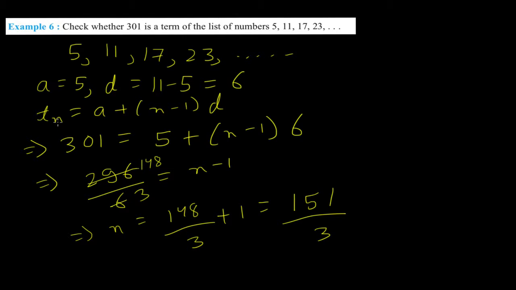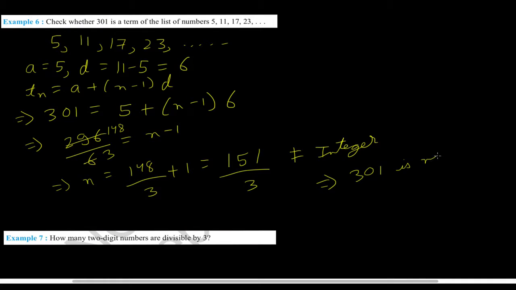Since n is not an integer, this implies that 301 is not a term in the given AP 5, 11, 17, 23 and so on. If you keep on writing this AP, you will not find 301 in it.